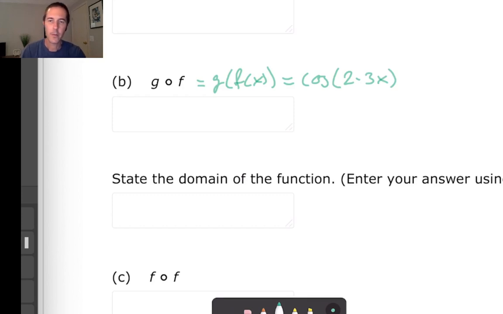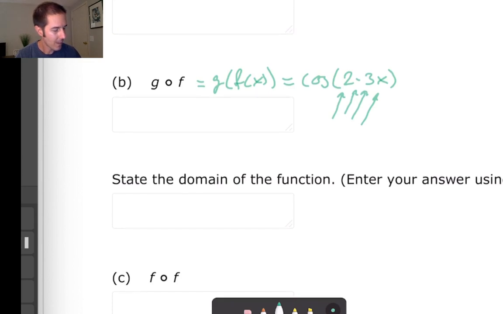As we take x values and plug them into this function, is it possible that we could end up creating a number that the cosine function is incapable of processing? Can I take a number and plug it into here such that when I multiply it by 3 and then negate it and then add 2 to it, can I end up with a number in here that the cosine function can't handle?